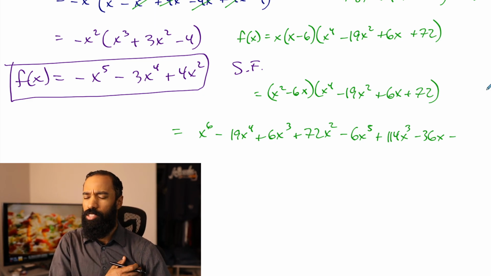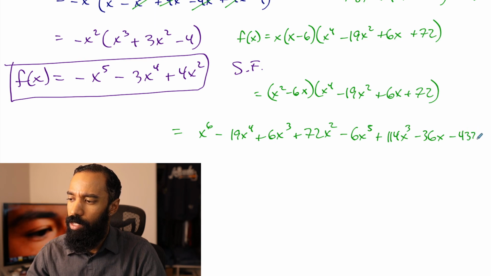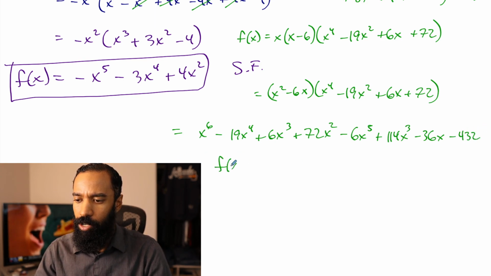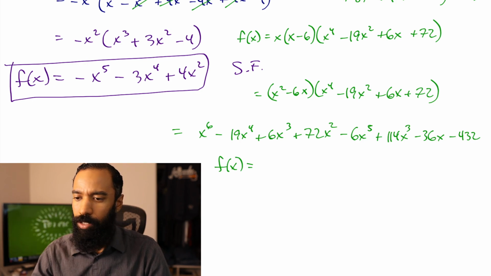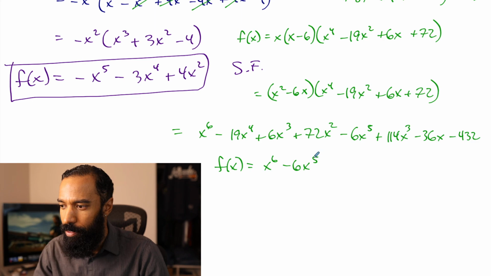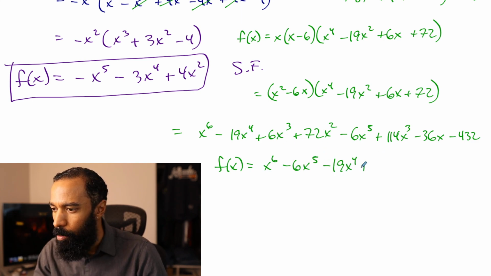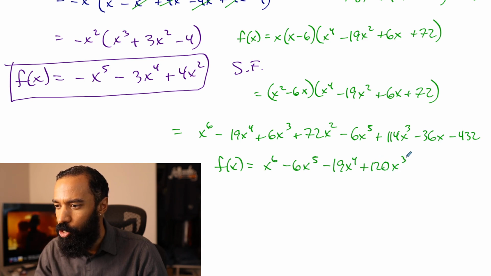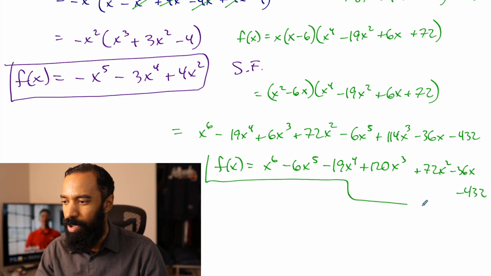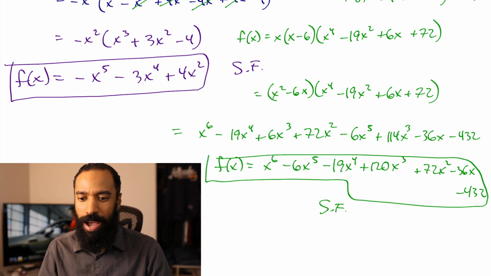Yes, minus 6 times 72 is 432, minus 432. So, f of x equals, last one, ooh, 40 seconds, let's see, x to the 6th minus 6x to the 5th minus 19x to the 4th plus 120x cubed plus 72x squared minus 36x minus 432. There's my standard form. All right, and I think I beat 2 hours, 15 seconds left.